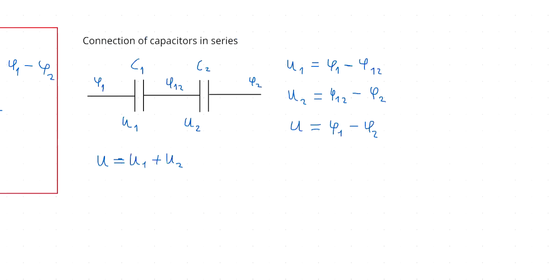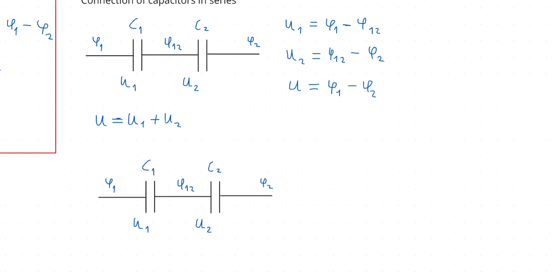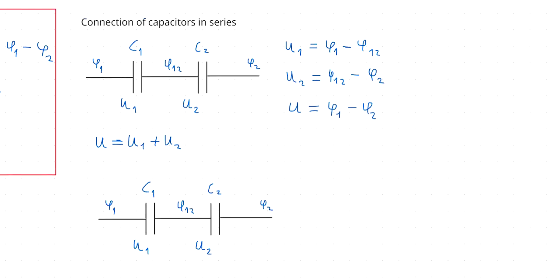Okay, and what about electric charge? Okay, let's try. I will redraw this system, and I just noticed that the first capacitor has charge Q1, and the second capacitor has charge Q2.